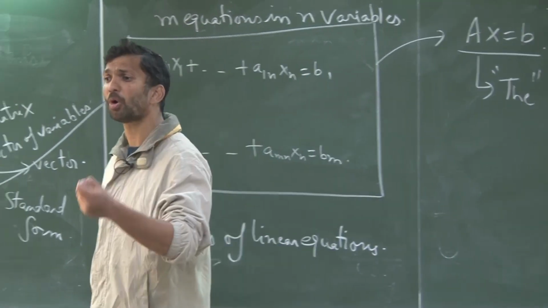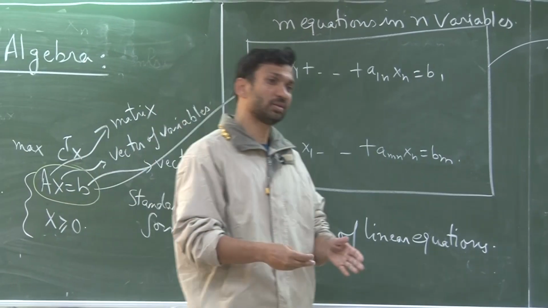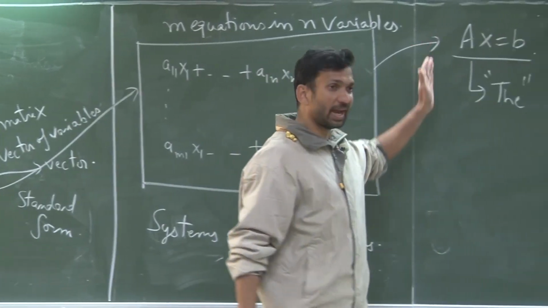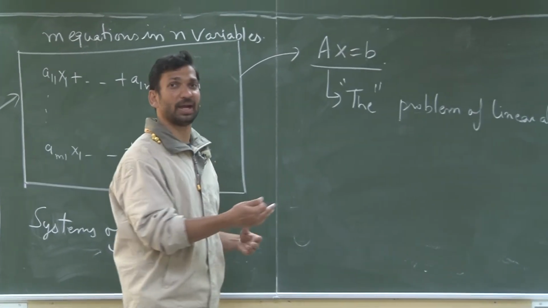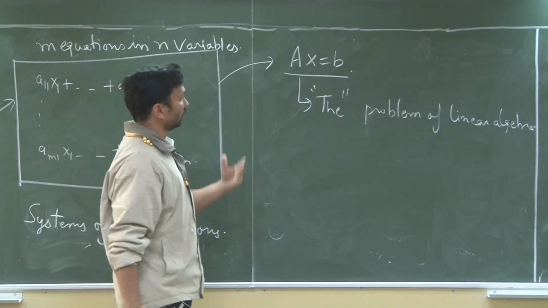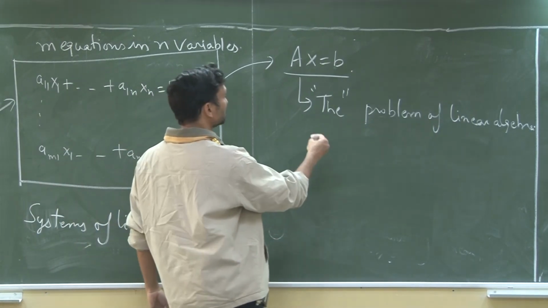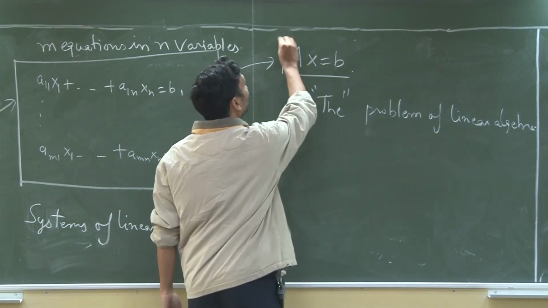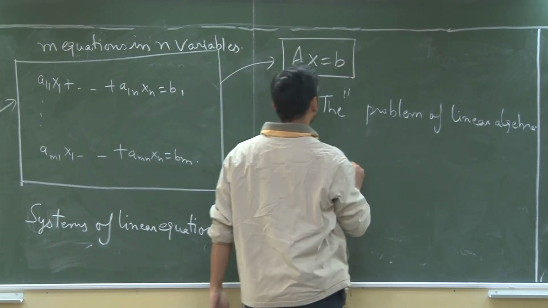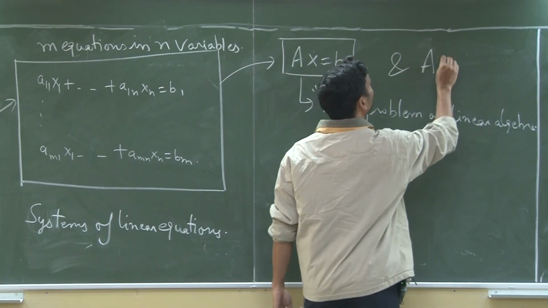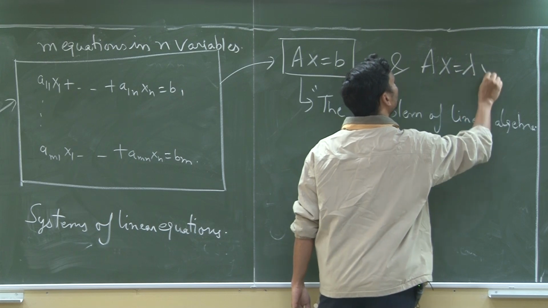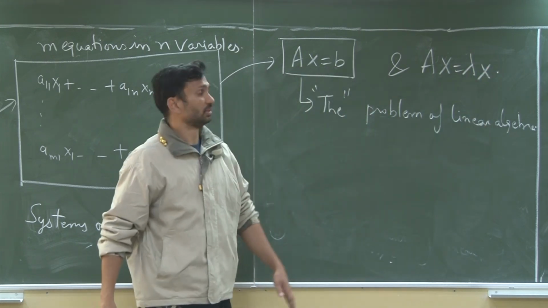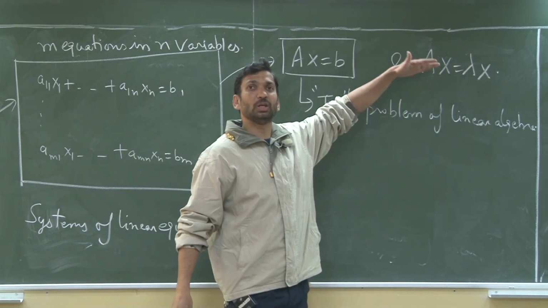There is a single problem which we wanted to solve, and that gave rise to the entire mathematical theory behind it. For linear algebra, I would say there are two problems. One is Ax equal to b, and another is Ax equal to lambda x. This takes us to eigenvalues and eigenvectors.